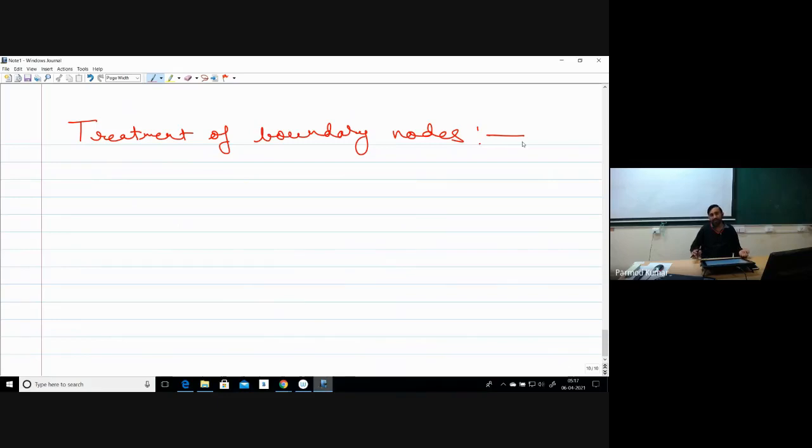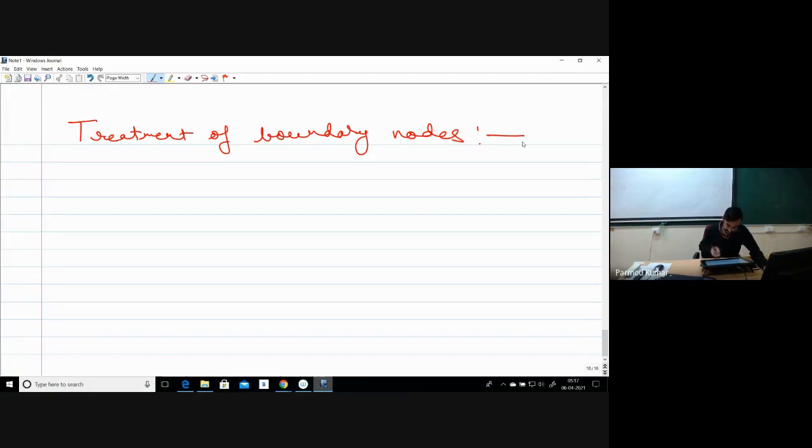When we take the involvement of more nodes, particularly for the boundary nodes, we will not have any node available in the upstream or downstream direction for the boundary face. So what will we be doing over here? This is one very important aspect which we have to consider while developing a numerical scheme.